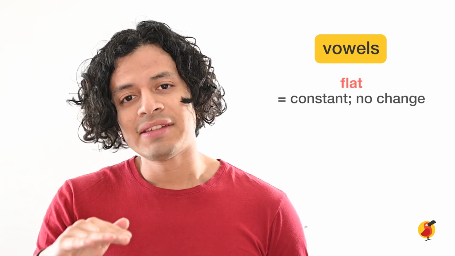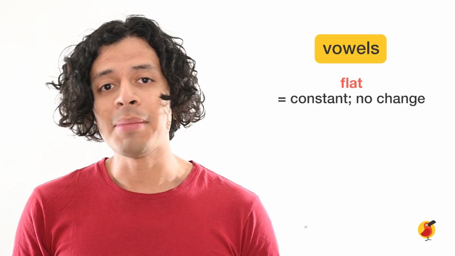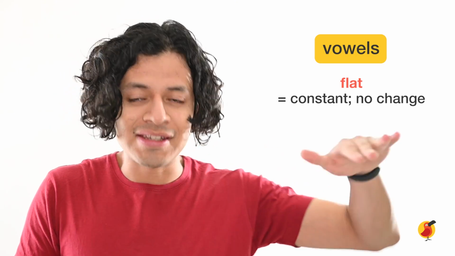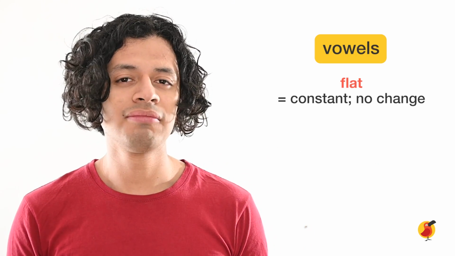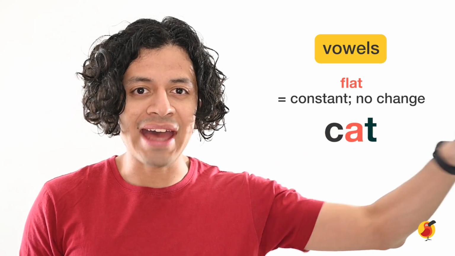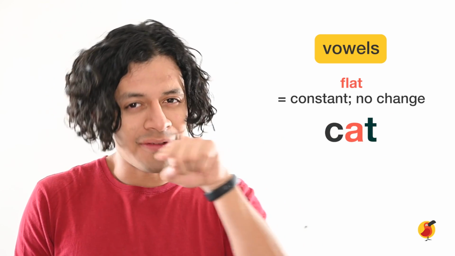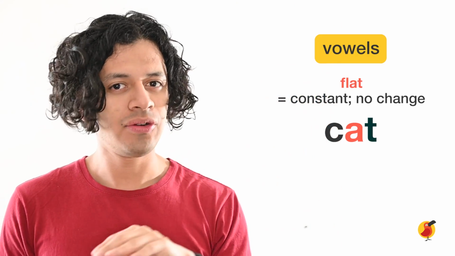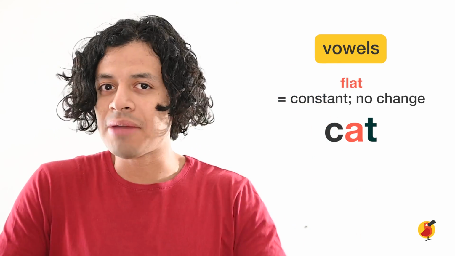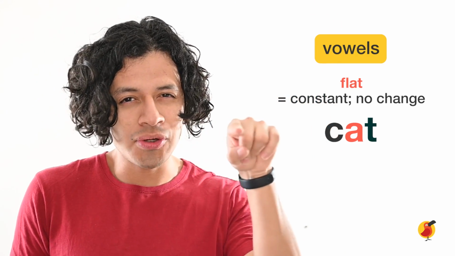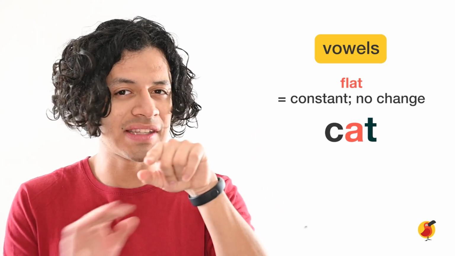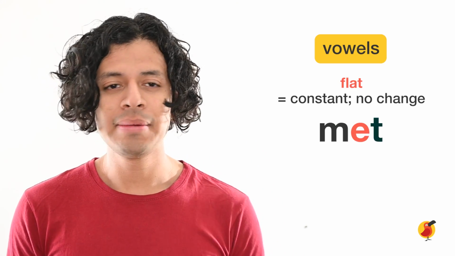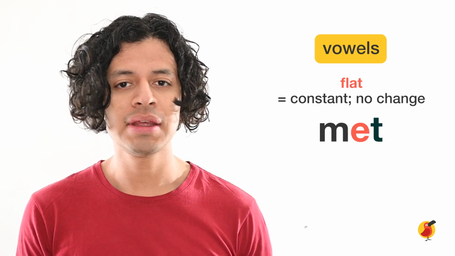The flat sounds refer to sounds that are made by the vowels that are constant, that are not changing. Cat. You see, that sound doesn't change. We do not modulate. We keep the same tone, the same movement, the same position, the same everything. We have E as in met, me, met, met.